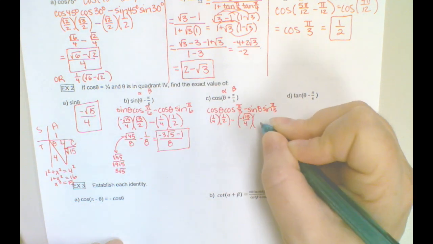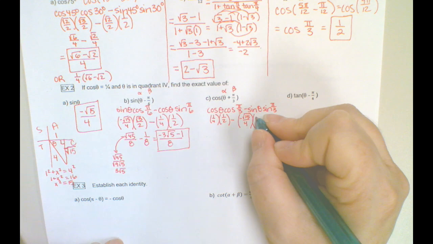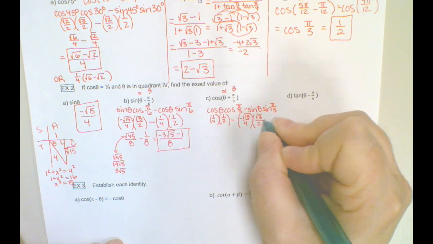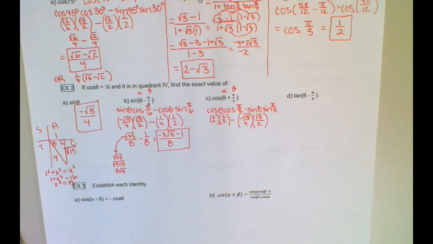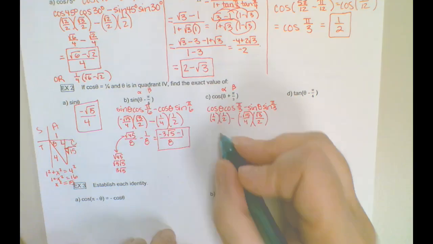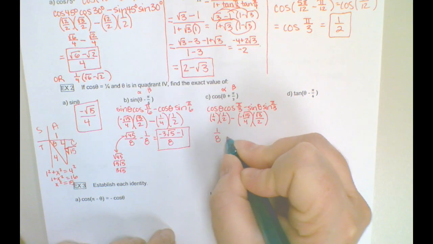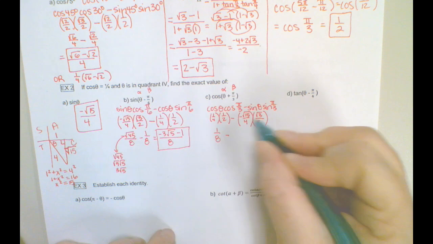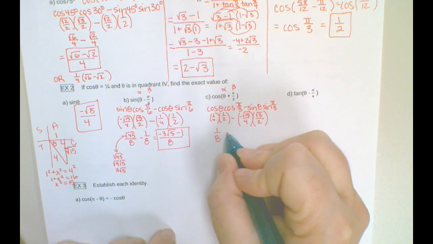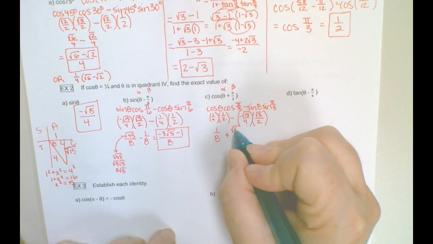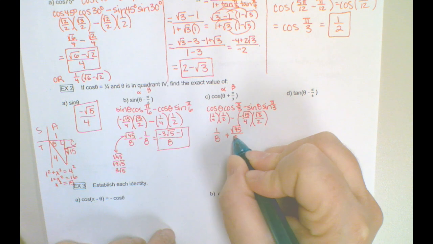And sine at pi over 3 is radical 3 over 2. So in this case, I get 1/8 minus, oh, no, it's minus a minus, so plus radical 45 over 8.